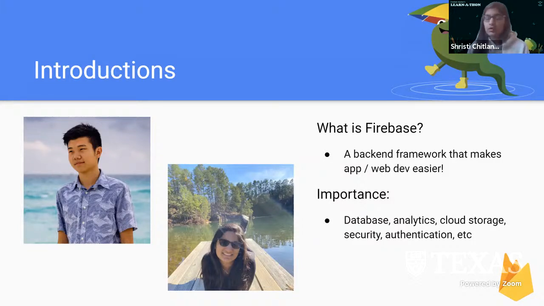If you don't want to code that, Firebase is a tool made by Google that handles everything for you. Today we'll learn the basics so that if you want to make a web app sometime in the future, even tomorrow, you can have a backend ready and not worry about a lot of these nitpicky things.